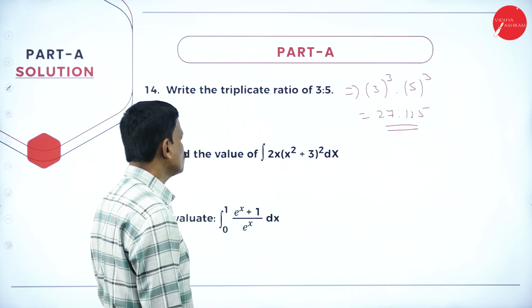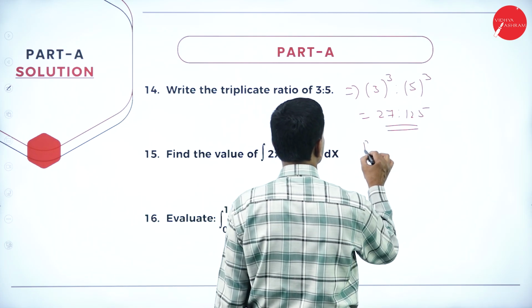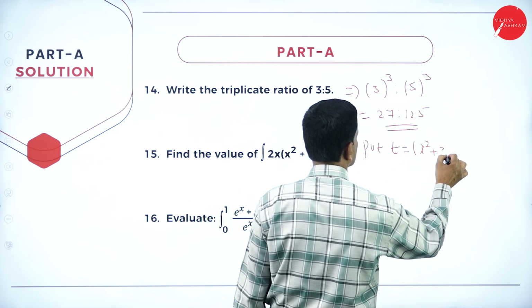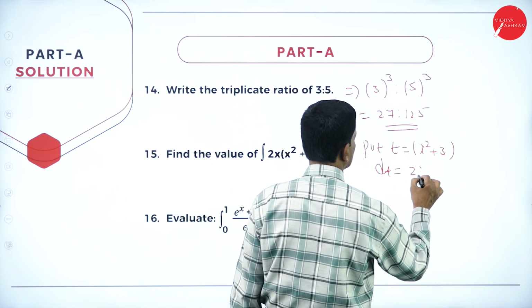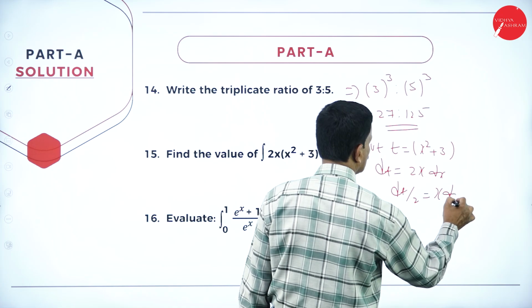Find the integral of 2x into (x square plus 3) whole square. This can be evaluated by the method of substitution. Put t is equal to x square plus 3. Differentiate it: dt is equal to 2x dx, or dt by 2 is equal to x dx.